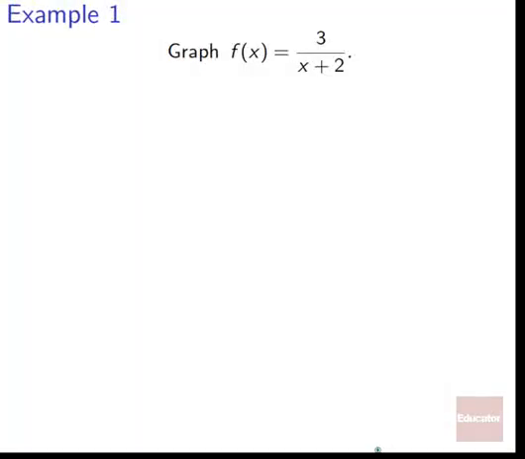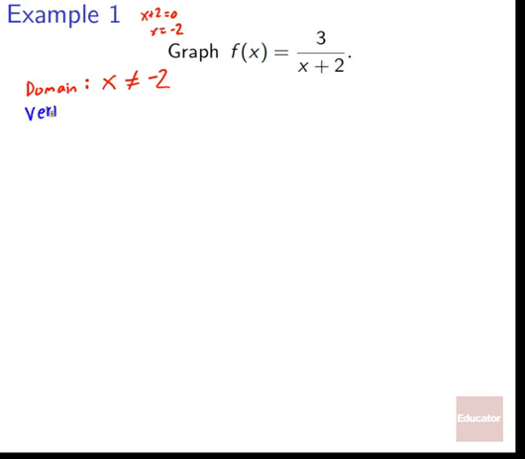f of x equals 3 divided by x plus 2. Our first step, let's figure out what is forbidden in our domain. Our domain can't cause a denominator to go to 0, so when is x plus 2 equal to 0? That happens at x equals negative 2, so our domain will not allow negative 2. Next, what are our vertical asymptotes?